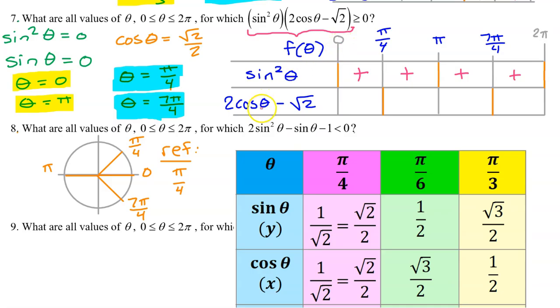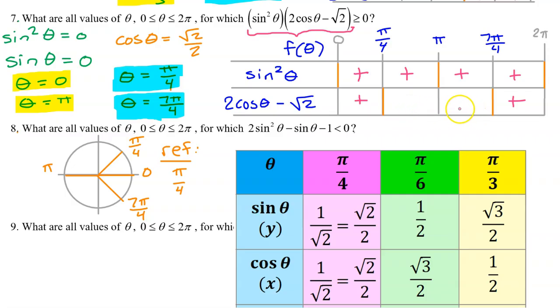If I plug in 0, cosine of 0 is 1, because at 0, the x value is 1. So this is really 2 minus radical 2. Radical 2 is something smaller than 2, so this is going to be a positive number. Plugging in 2 pi will give me the same answer as plugging in 0, so I don't really have to think about it again. If I got positive at 0, I will get positive at 2 pi.